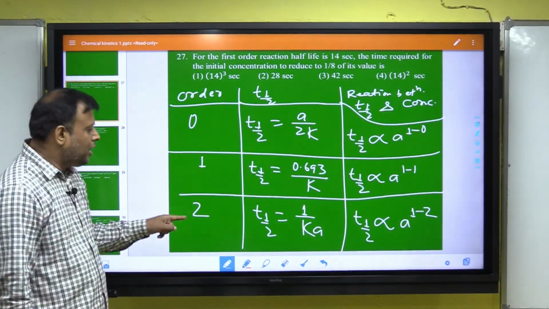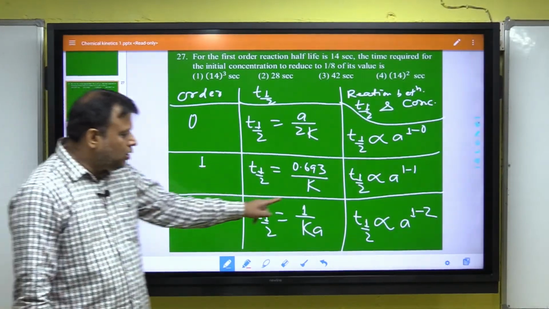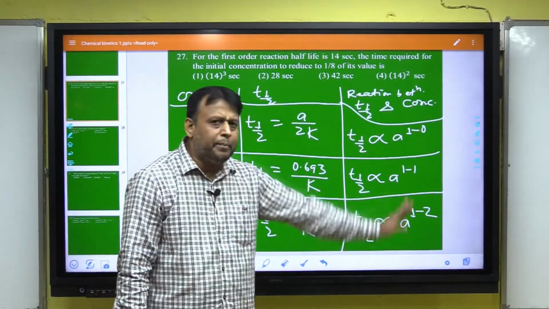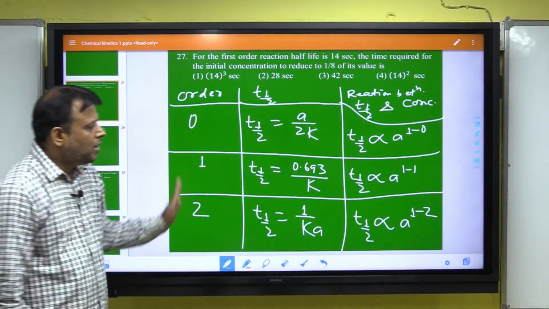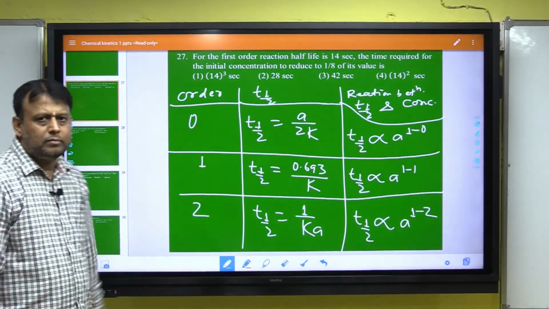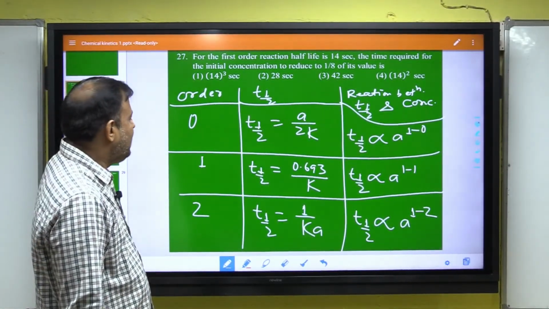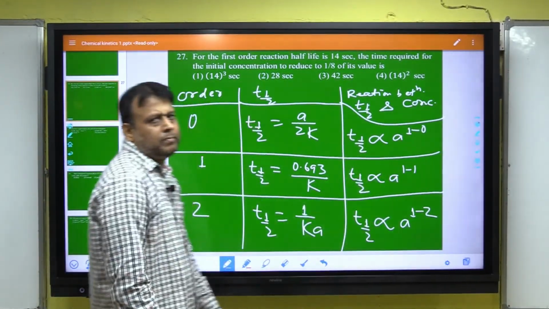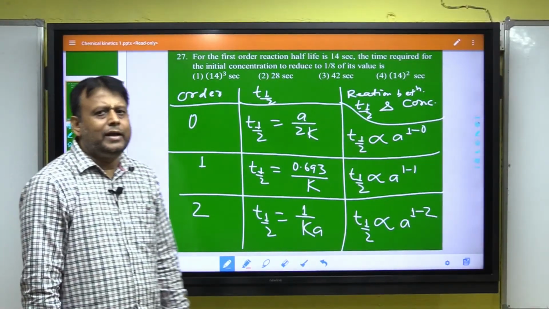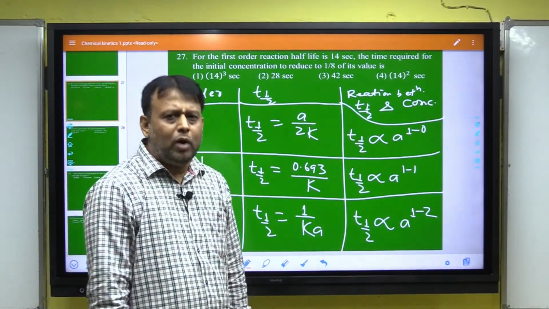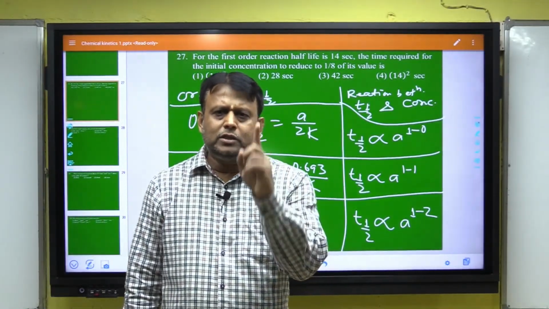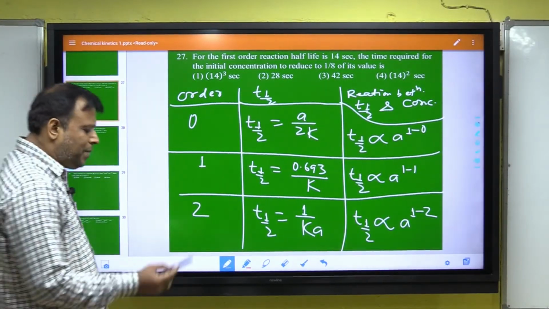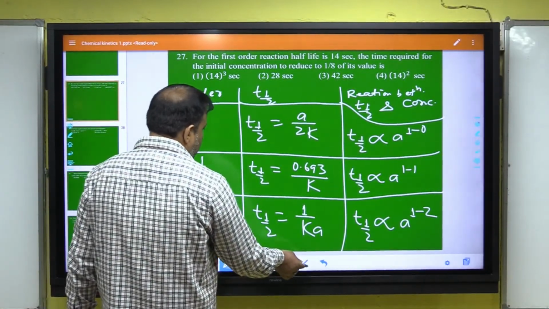And in third order, T half is equal to 3 by 2Ka square, and hence T half is proportional to A to the power 1 minus 3. Clear? Zero order, first order, second order. Hence T half in first order, with 1 minus 1, is independent of conc of reactant, and hence any amount will be half in particular time, and which time is called half life, because half life of first order reactant is independent of conc of the reactant.